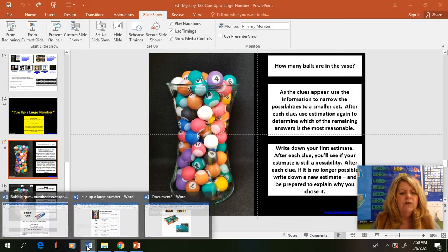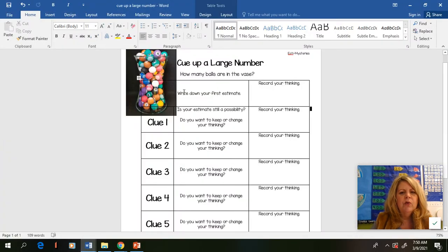All right, when you feel ready, go to your recording sheet right here at the very top of this table. Write down your first estimate. You're going to record your thinking right here in this box.